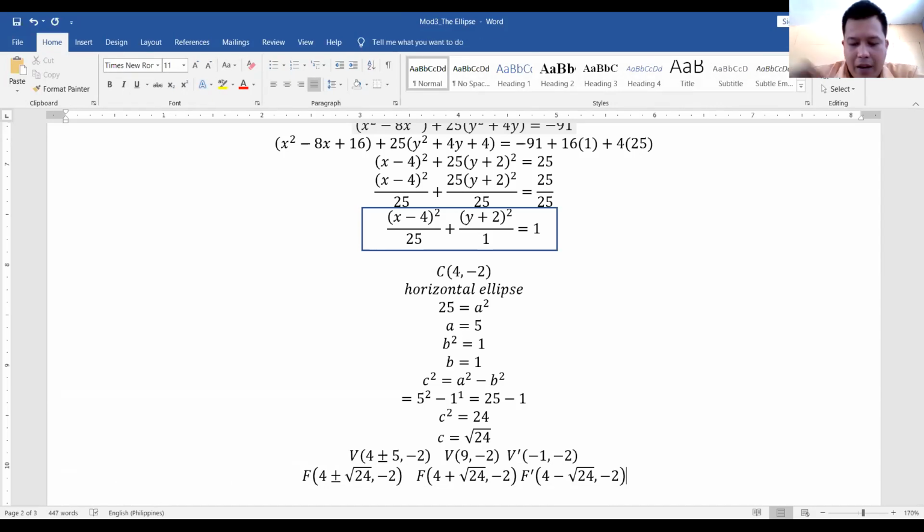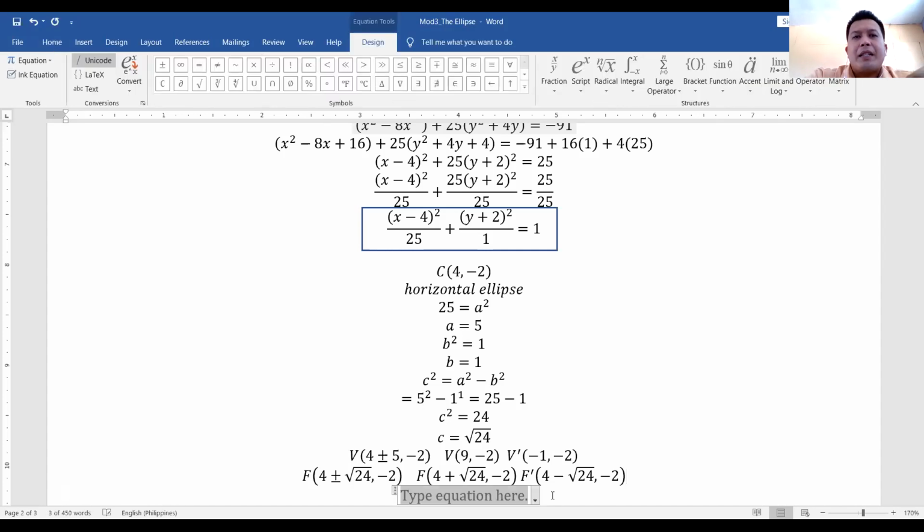Or if you have it in decimal, the square root of 24 would be 4.89, or about 4.9. Lastly, the intercepts. B, therefore, is equal to 4. And since B is going up and going down, let's have the -2 plus and minus 1.